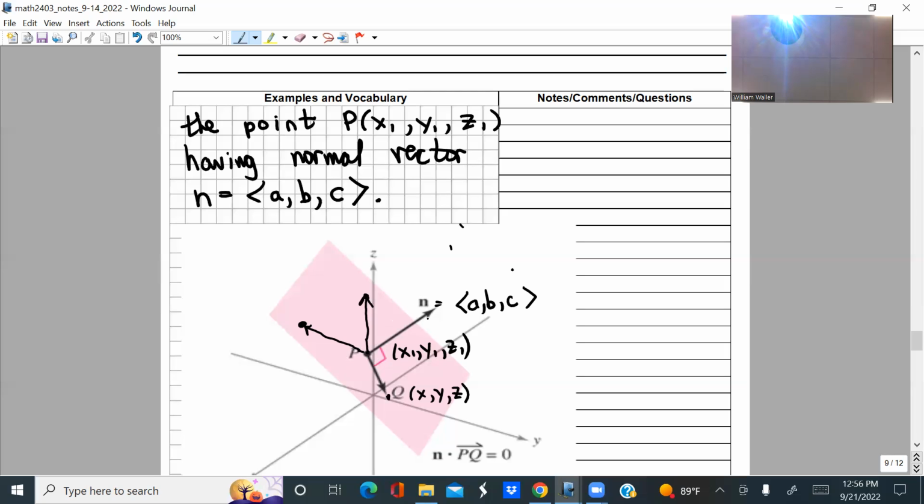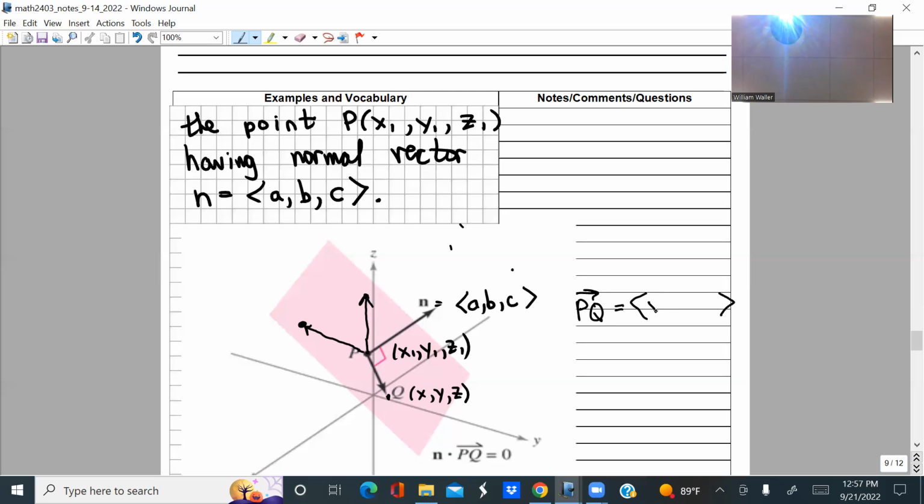All right, let's calculate now. Here's the normal vector, because that's given, so that's A, B, and C. But let's calculate this vector between this point P and this point Q also in the plane. That's the vector PQ. What are its components? You just take the difference in the coordinates.